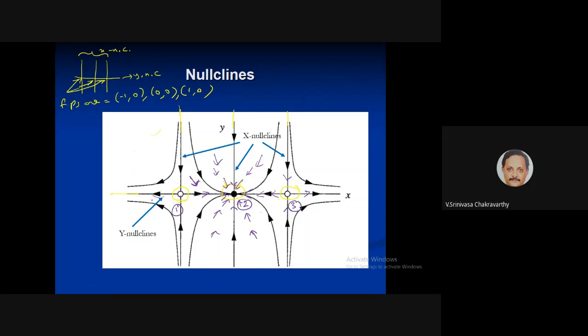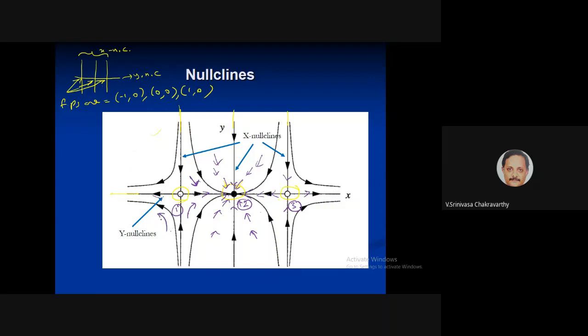At fixed point number 1, if you are, with respect to it, in the top right quadrant, you must be flowing downwards and rightwards, right? So therefore, it looks something like this. And similarly, if you are in the bottom right quadrant, you must be flowing upwards and rightwards. If you are in the bottom left quadrant, you must be flowing upwards and leftwards.